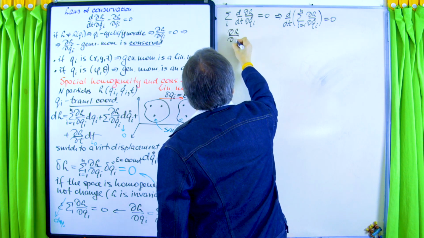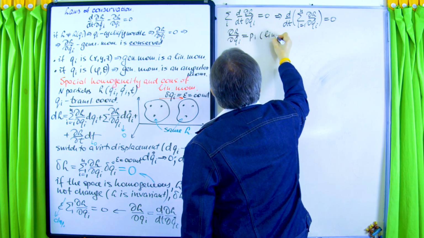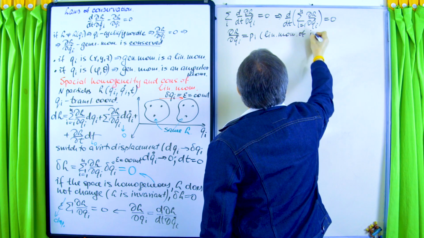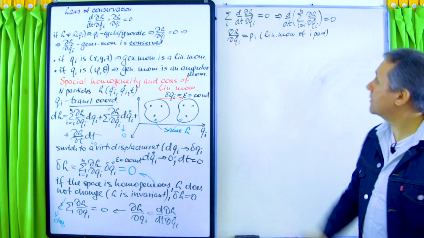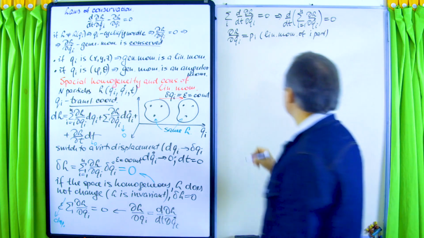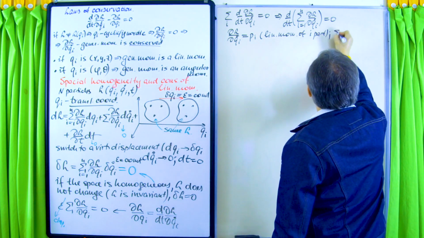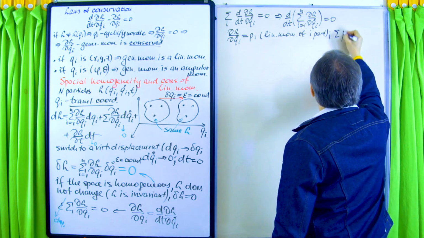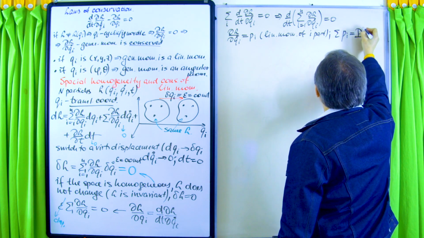Let me write it. dL over dq_i dot is just p_i, the linear momentum of the i-th particle. And then this whole thing is going to give us the total linear momentum of the system. So the summation over i of p_i will be the total linear momentum of the system.